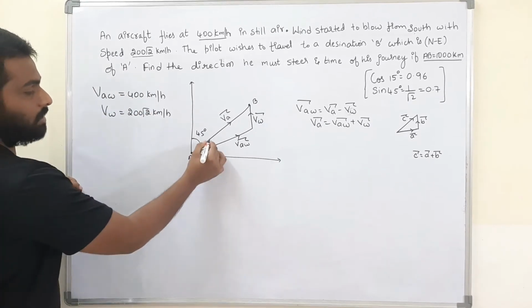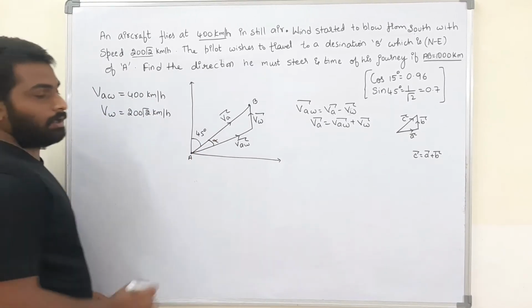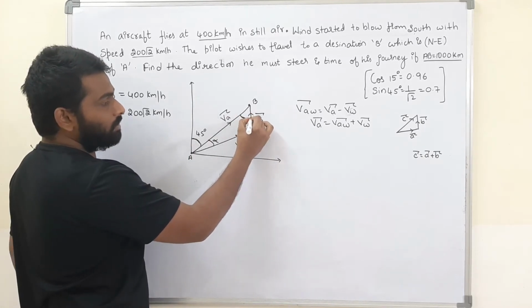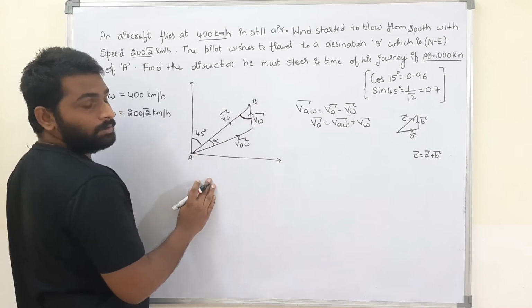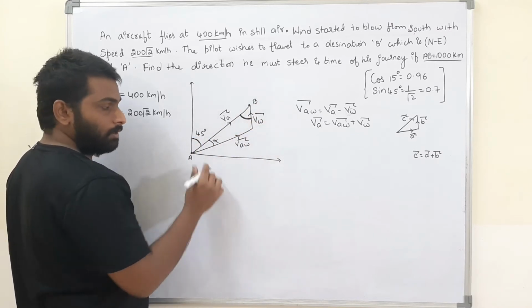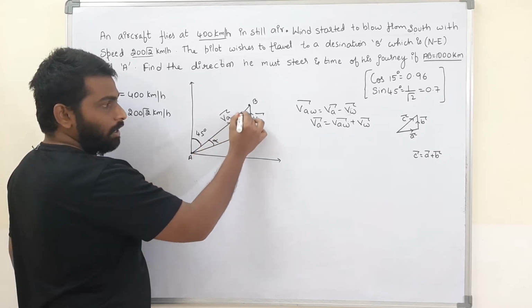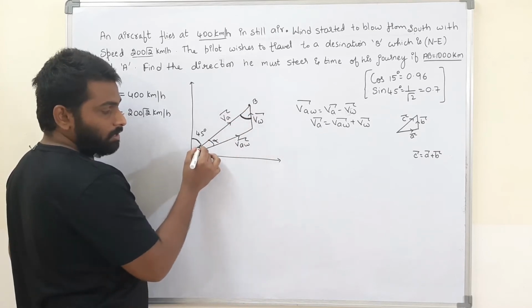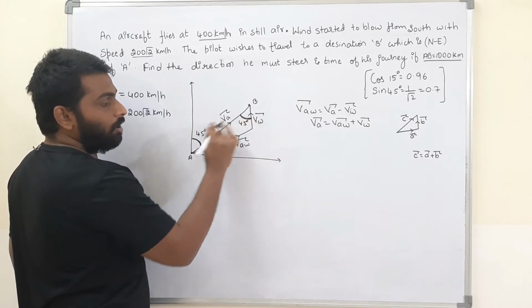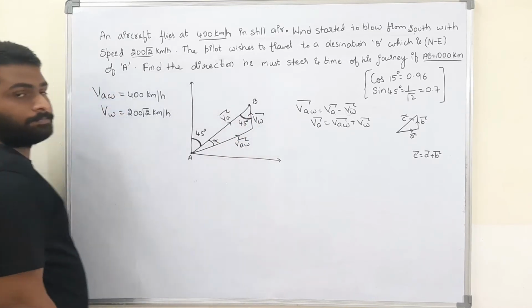I am assuming this angle is alpha. And now what is this angle? This vertical line, this is also a vertical line. This is a line joining these two. This angle is 45. Therefore, what is this angle? This has to be 45. Alternate angles, right?